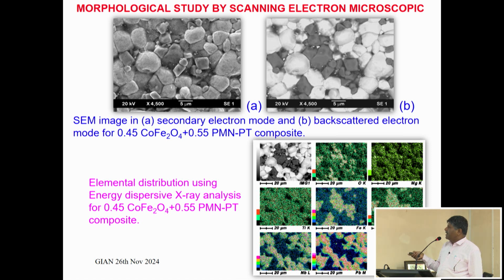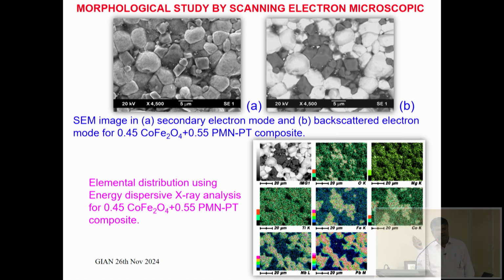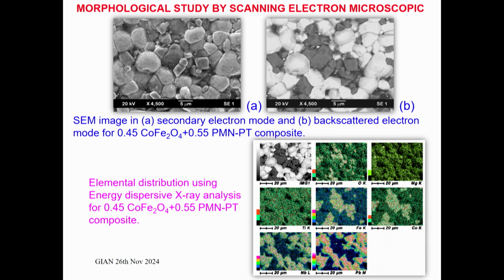To understand that, we did elemental mapping on this. As far as spinel ferrites are concerned, what is the major content? For example, NiFe2O4, if I consider, the major content is iron. The grain which has iron as a content should belong to ferrite.